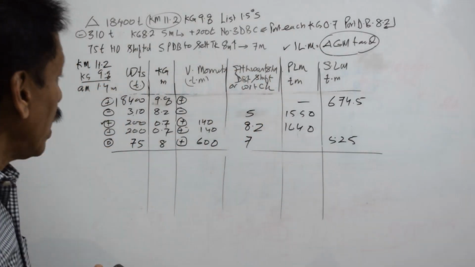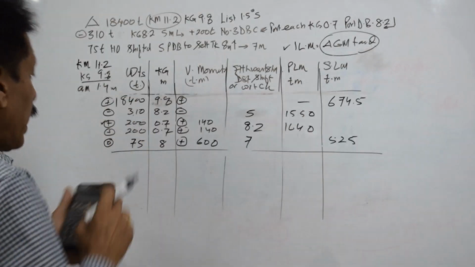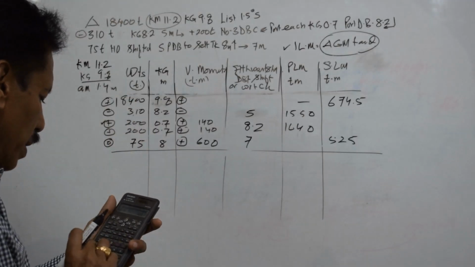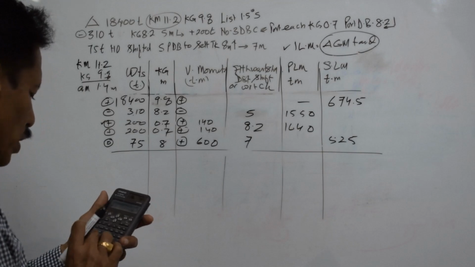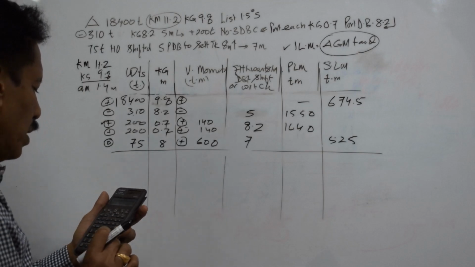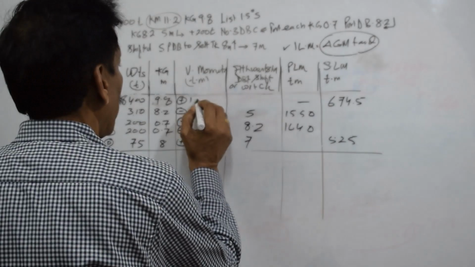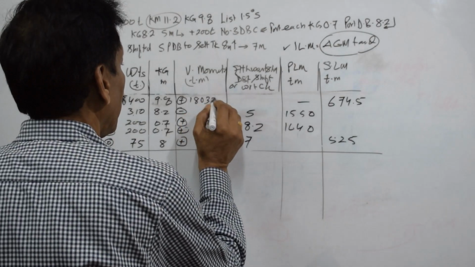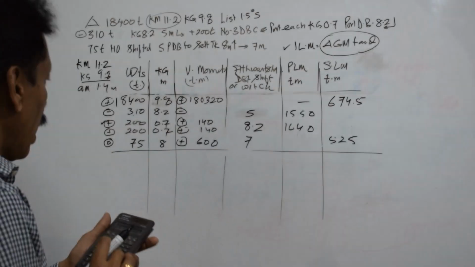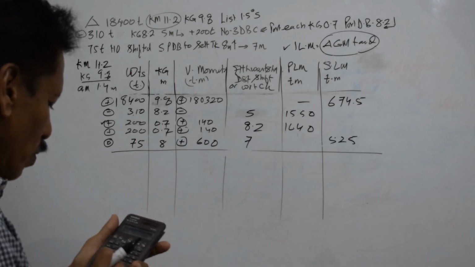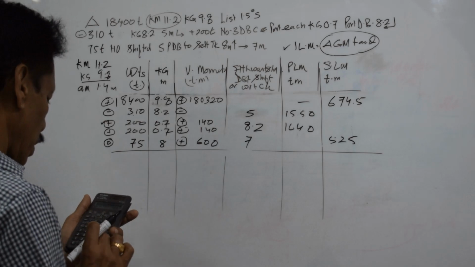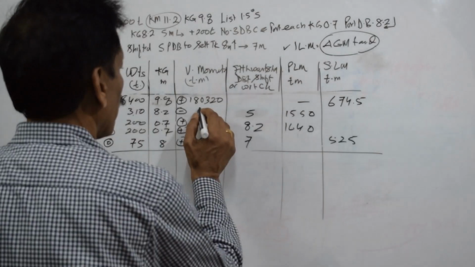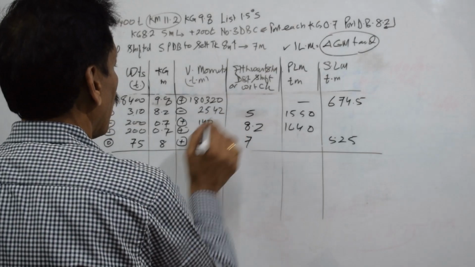So let us do the other calculations. First of all, 18,400 multiplied by 9.8 gives me 180,320. And then 310 multiplied by 8.2 gives me 2542.